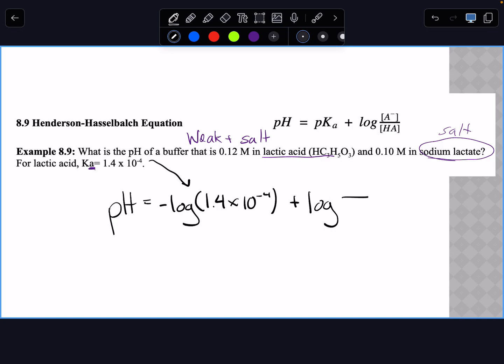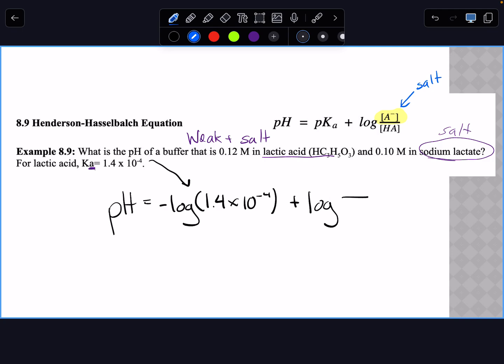So the A minus in our formula, when it's a salt weak relationship, is always the salt, because the salt breaks apart, creating as much A minus as the salt you put in.